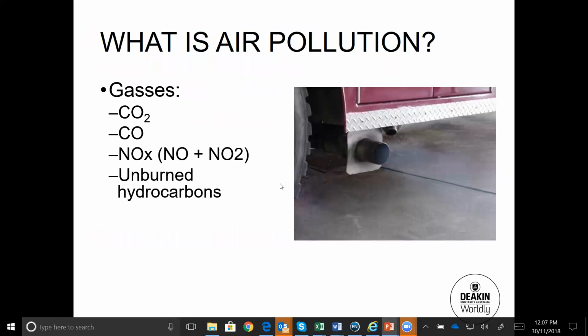Now I will start by briefly describing and defining air pollution. As you know, it is responsible for more than around 7 million premature deaths each year. Air pollution is composed of gases: unburned hydrocarbons, NOx gases, NO and NO2, carbon dioxide and monoxide.